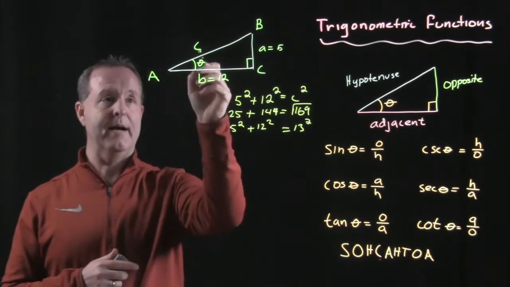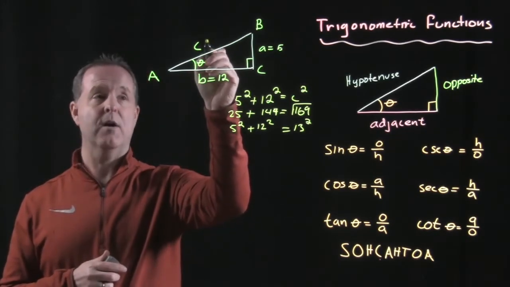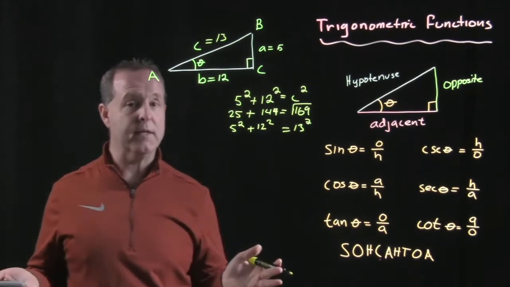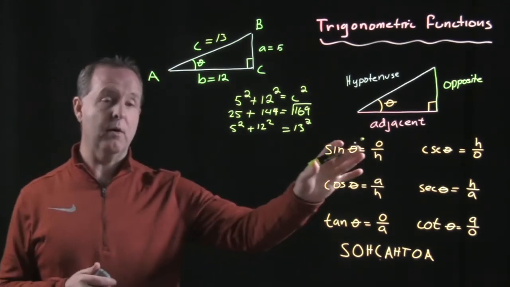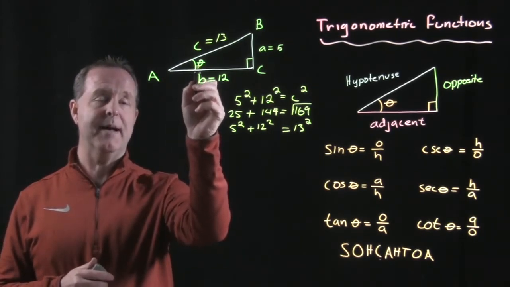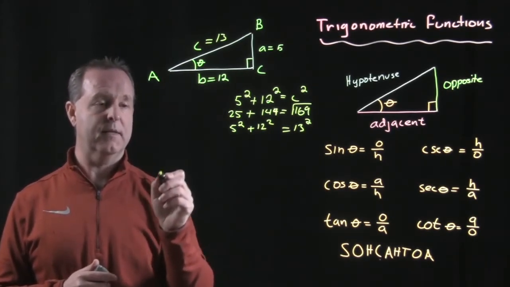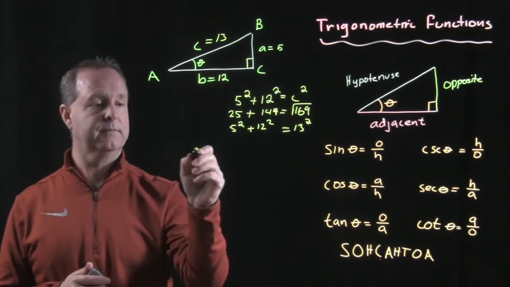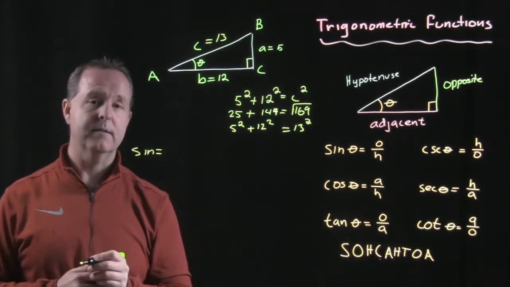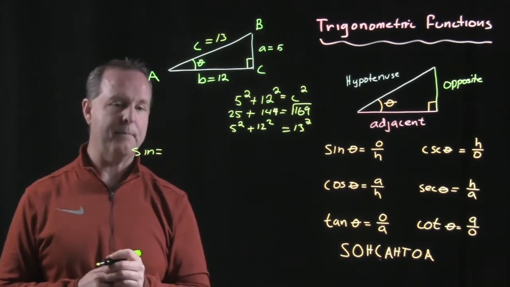That tells me then my other side up here, which I did not know, is 13. Now I have all the sides available to me, so I can go through and use these trigonometric functions to determine the different measures of this angle. So the sine function of this angle, sine is, do you remember, opposite over hypotenuse.